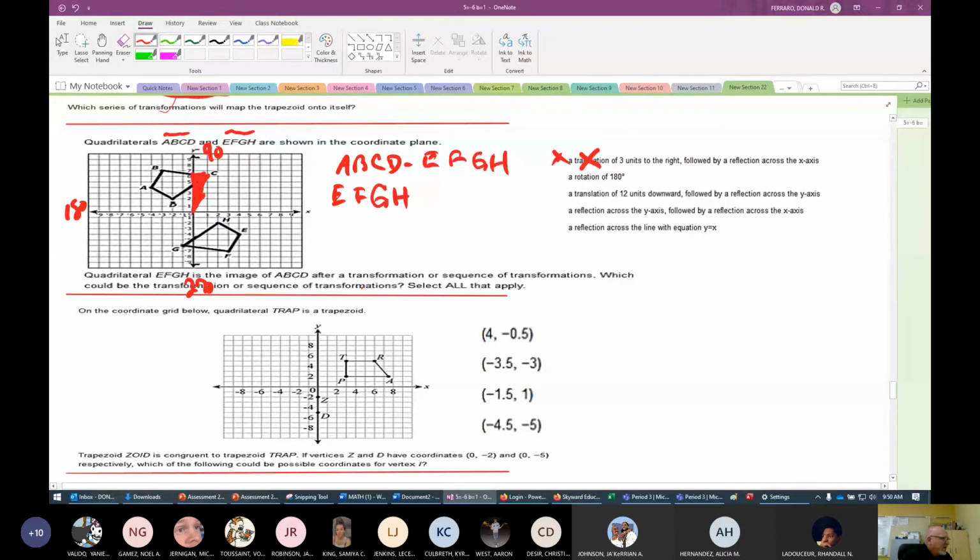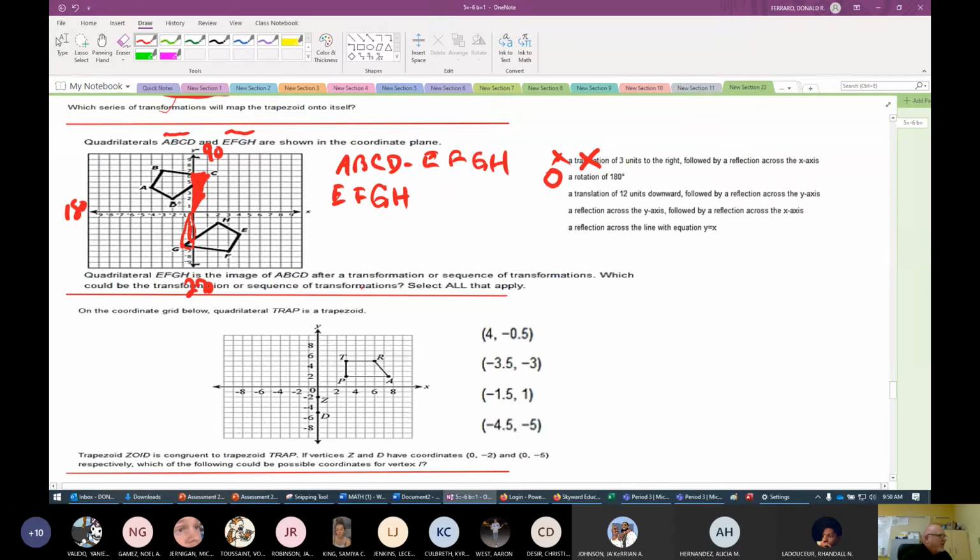So here we go down 6 and we go over 1, and that looks pretty good. C maps to G right there. So I will draw that line. That looks pretty good, so that's a possibility.